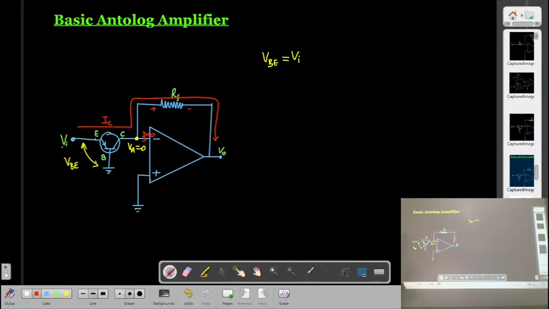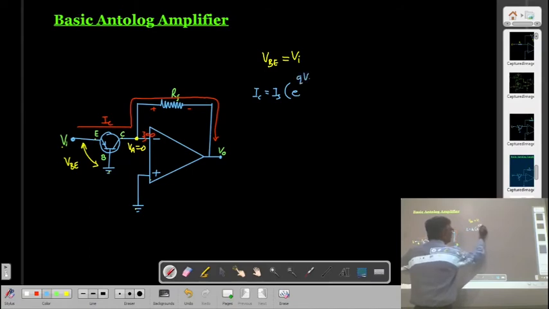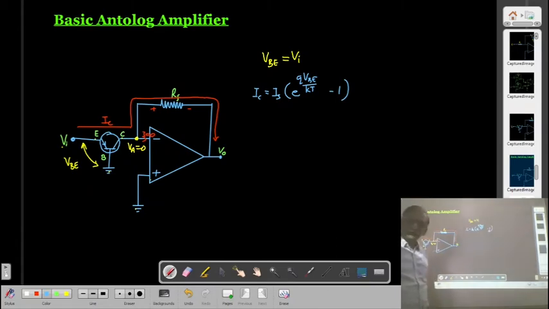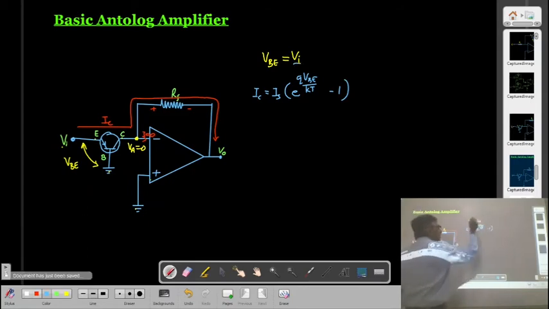Now we can write that the collector current for the transistor is written as Is into e raised to QVBE by KT minus 1. But what is VBE? That is my input voltage.